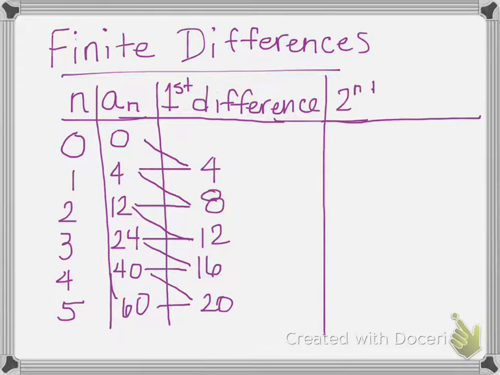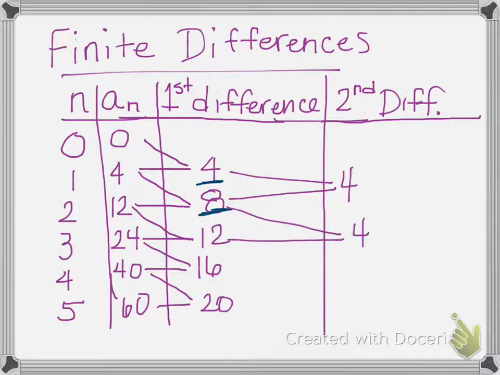Our second difference is what I get by taking the difference of the first difference. What I mean by that is I'm going to do 8 minus 4, because 8 is the second term in the first difference and 4 is the first term in the first difference.